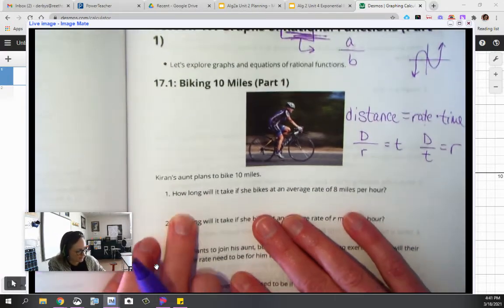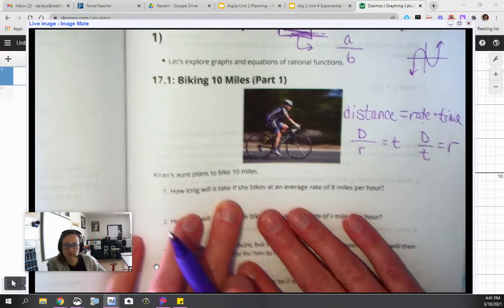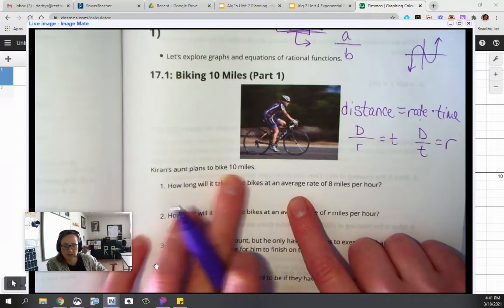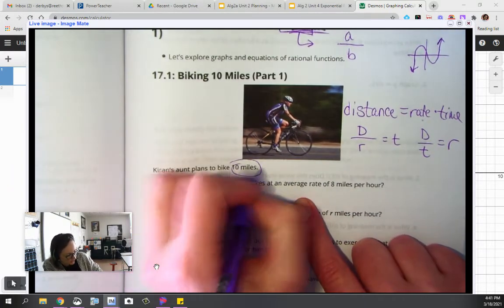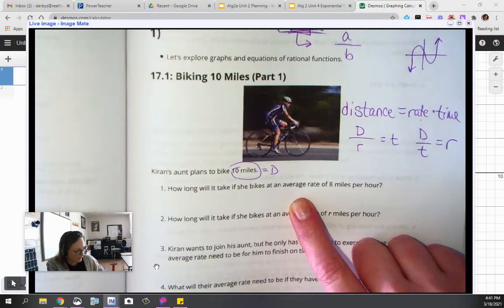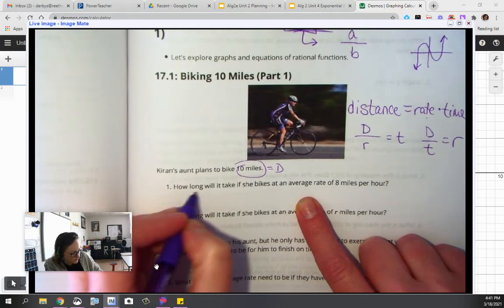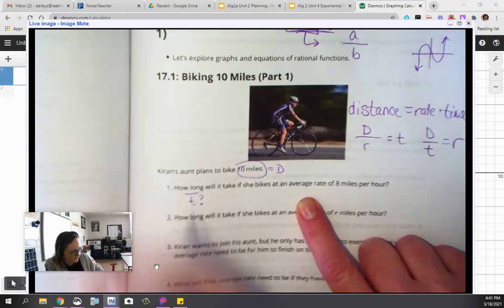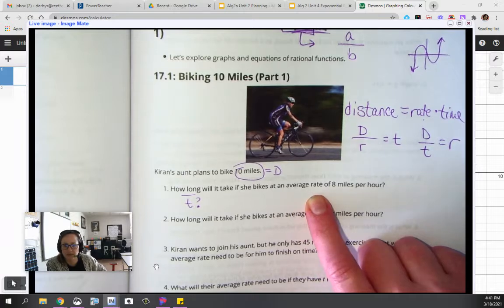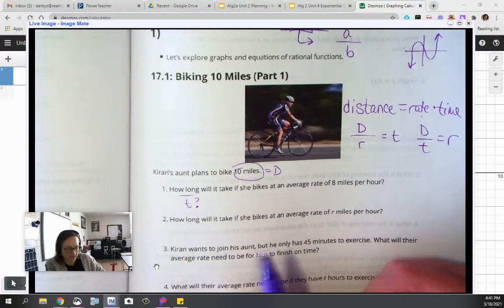So Kieran's aunt plans to bike 10 miles. So 10 miles is the distance that she's going. And we want to know how long, which means we don't know time, will it take if she is at an average rate of 8 miles per hour.